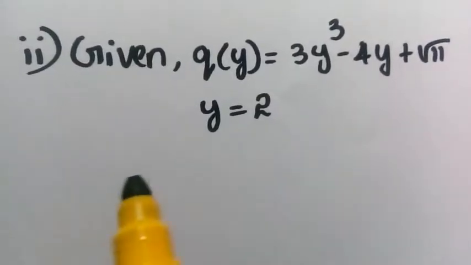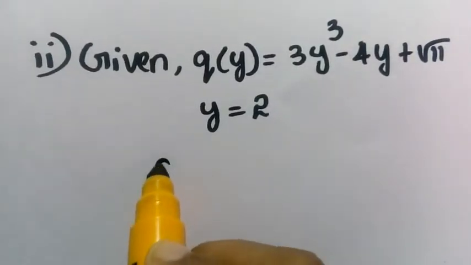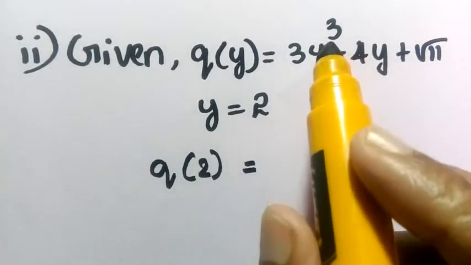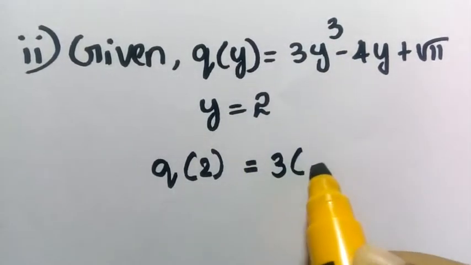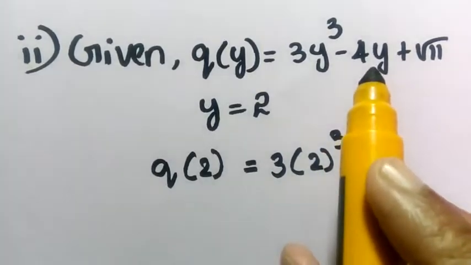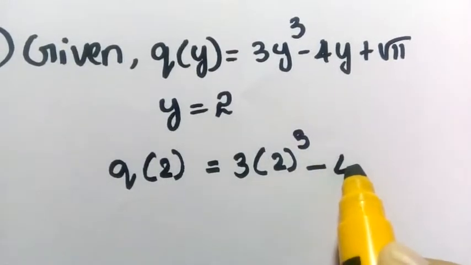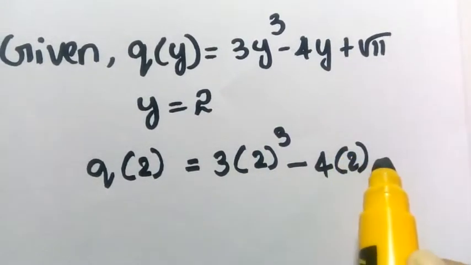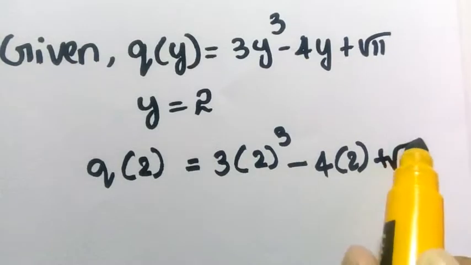So, the next step is q of 2 is equal to 3y cube. 3 into 2 cube minus 4y. 4 into 2 plus root 11.